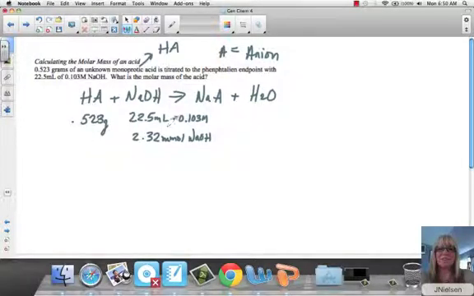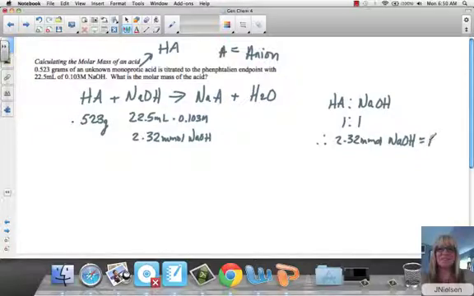What we can see based on this equation is that our HA to NaOH ratio is 1 to 1. So therefore, if I have 2.32 millimoles of NaOH, that's also equivalent to the millimoles of HA.